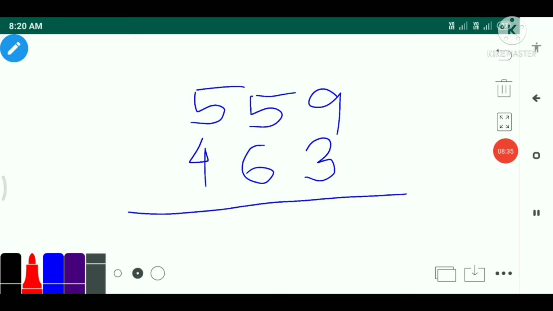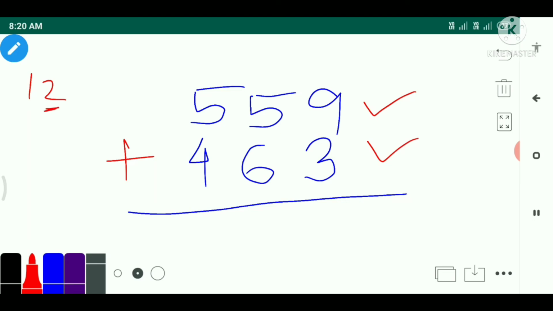Okay, so now see, this much of children bought books on the first day, and this much of children bought books on the second day. So now we'll add these two. So 9 plus 3, it will be how much? 12, right?